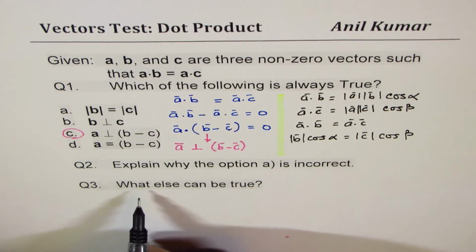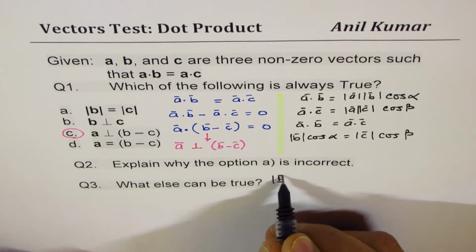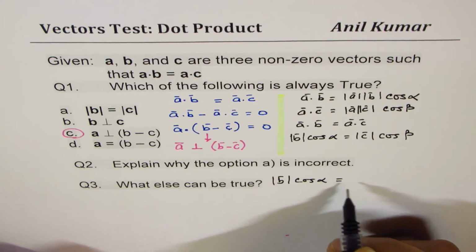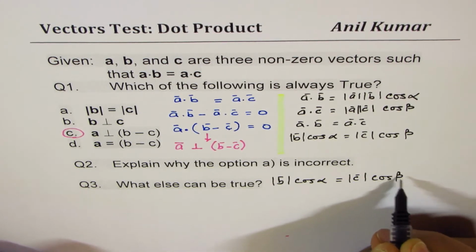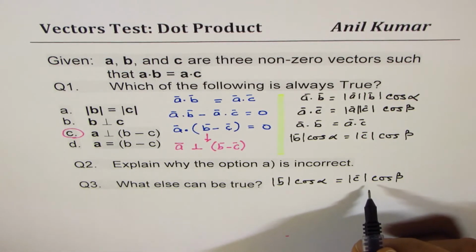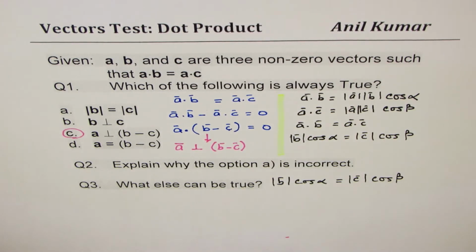So that is what else can be true: magnitude of B cos of alpha is equal to magnitude of C cos of beta. Do you understand? So their projection on A is the same, correct?